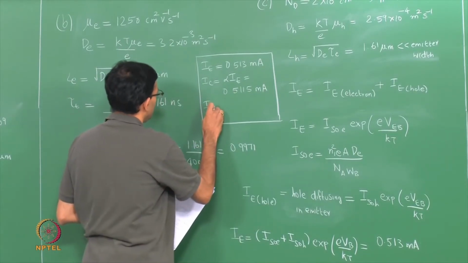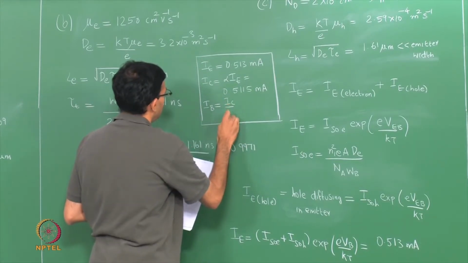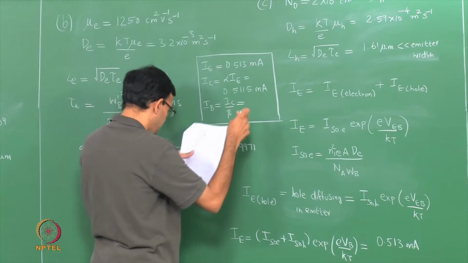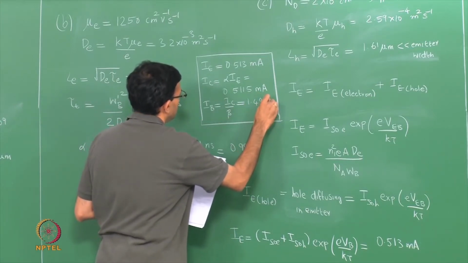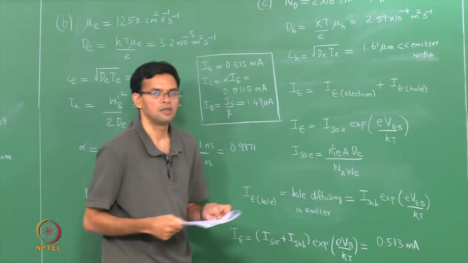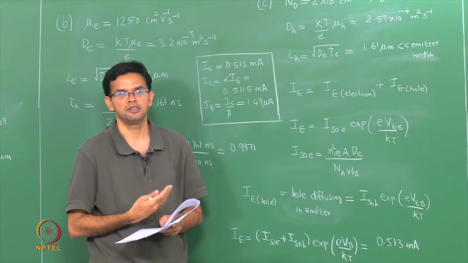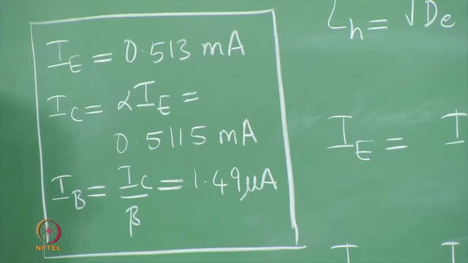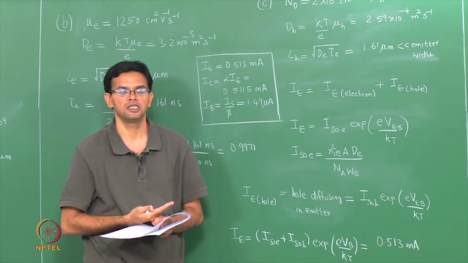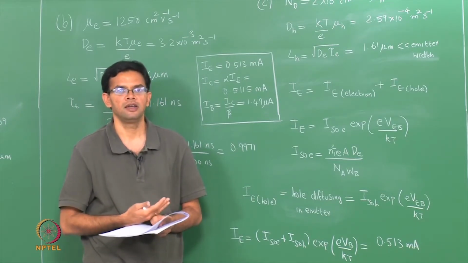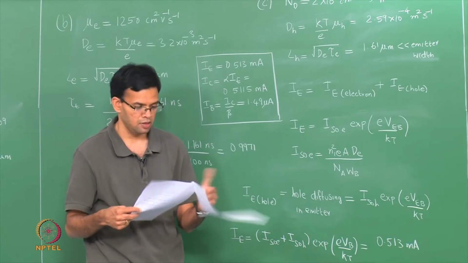So, that IB is nothing but IC over your current gain beta, which is 1.49 micrometers. So, by again just treating your bipolar junction transistor as a series of 2 p-n junctions, one in forward and one in reverse, we can essentially go ahead and calculate all the current and the voltage parameters.